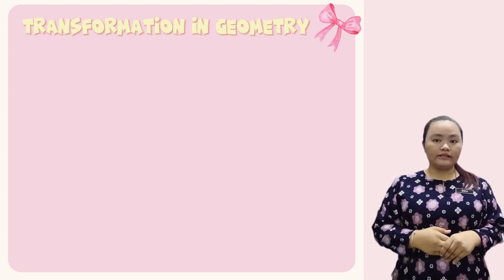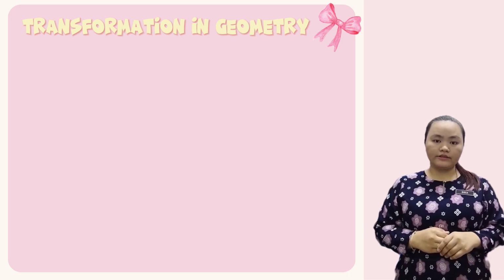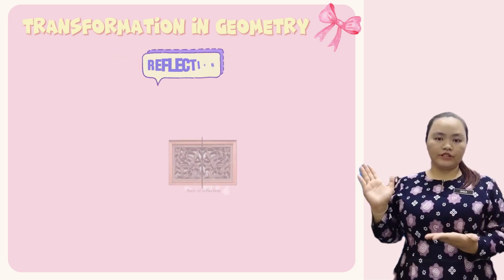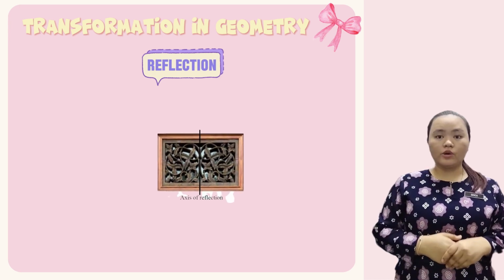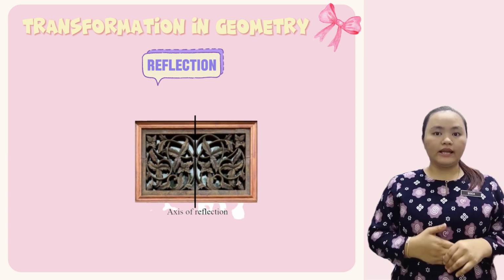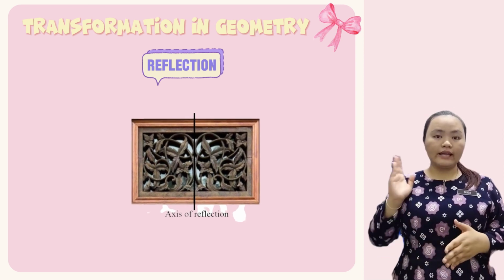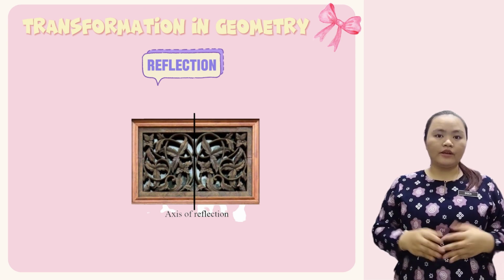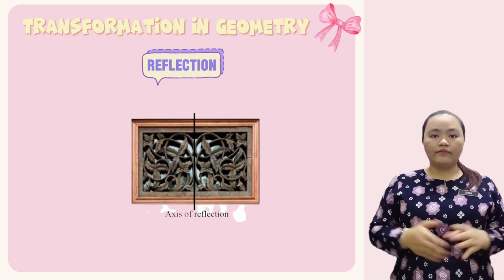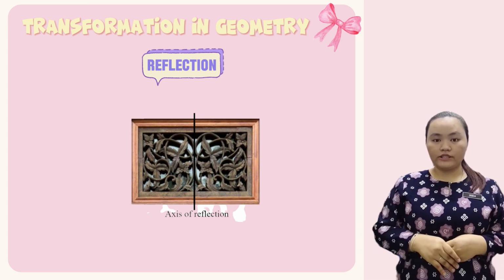In a sense, the transformation turns the original object into a mirror image. As we can see in this picture, the floral carving, also referred to as the pattern of the ornamental element of the bangunan SKTM door, reflects on the slanted reflection axis, creating a duplicate picture of the same pattern without altering its original shape.